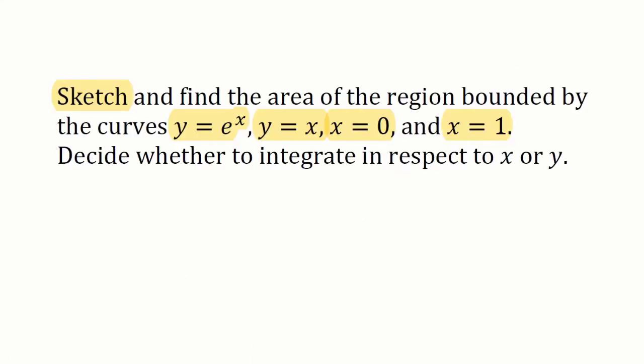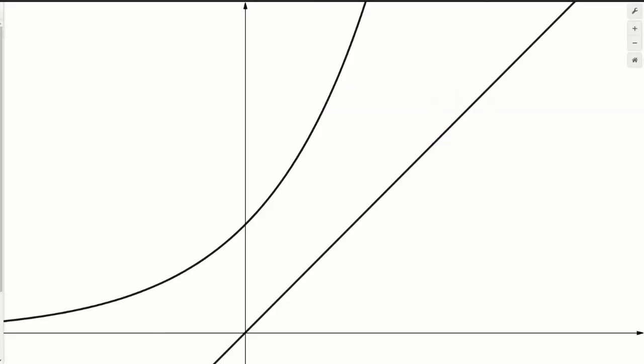It says y equals e to the x, y equals x, x equals 0, and x equals 1. So let's look at these two remaining curves. On my graph, x equals 0 is right here at the y-axis, and x equals 1 is here.